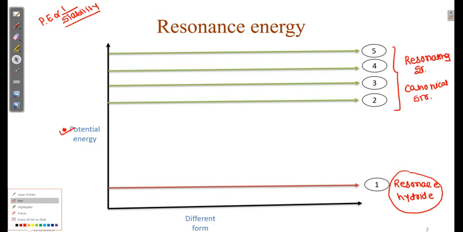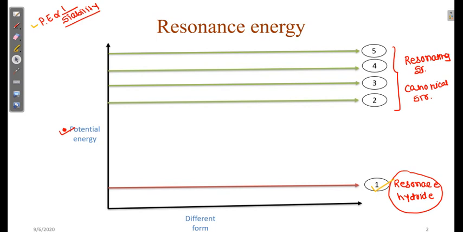Based on the given data, potential energy and stability are inversely proportional, so I can say this is the most stable structure. So the resonance hybrid is always the most stable structure.